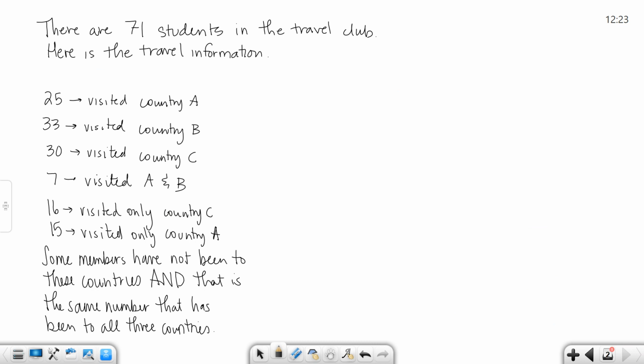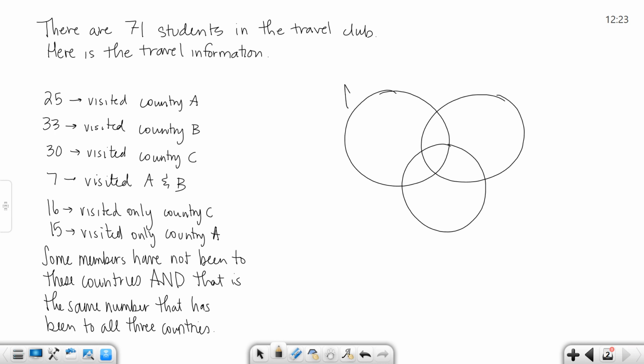This is the one about the travel countries. You have 71 students in total. They're going to countries A, B, and C. So here we go. A, B, C. So it tells you that you have 25 total in the A circle, 33 total in the B circle, 30 total in the C circle, 7 is in the A and B area.